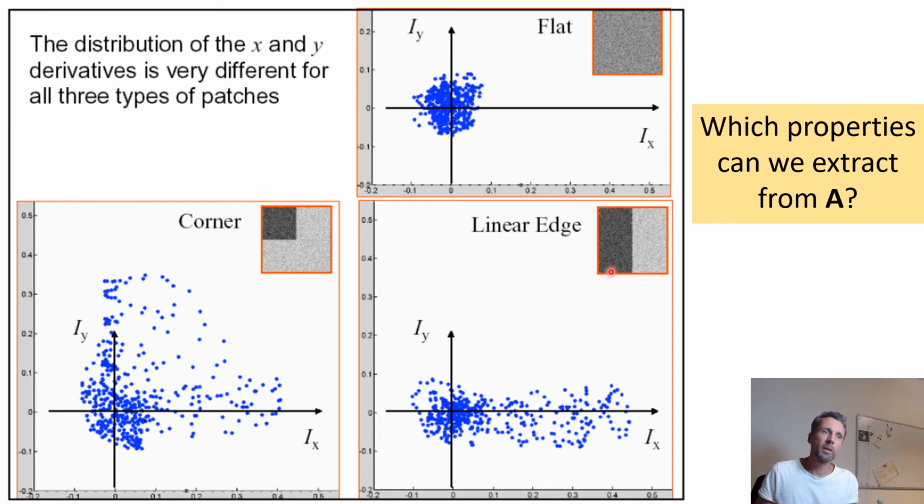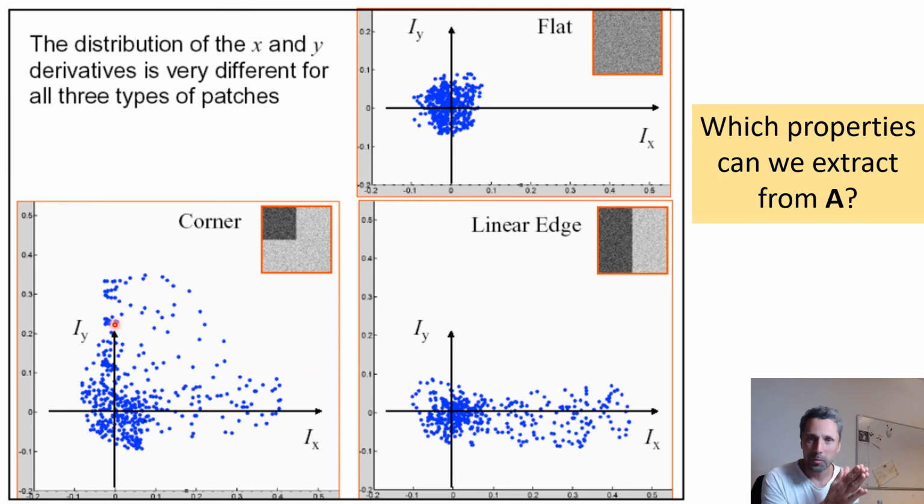But for patterns like this edge here, where we do have an x gradient, so vertical edges mean a lot of x gradients, we see that this increases the variance of this distribution. But for those patches that have corners, so those are the ones that can be tracked well in all different directions, this distribution is even larger.